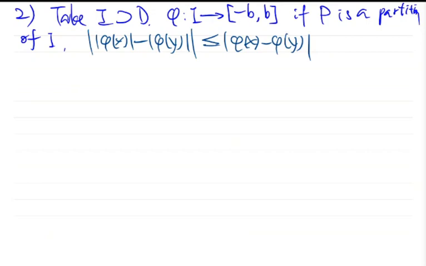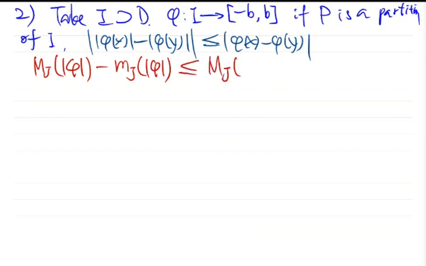So from this triangle inequality, we see that for the absolute value function, this will not be greater than the original function.